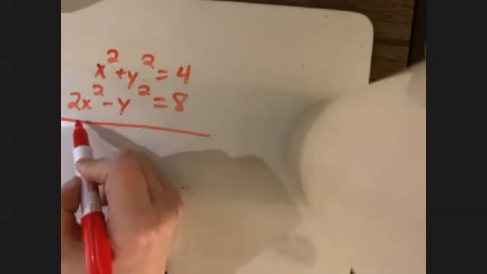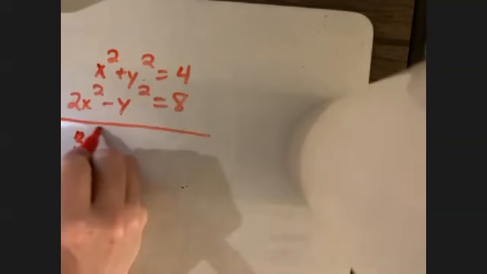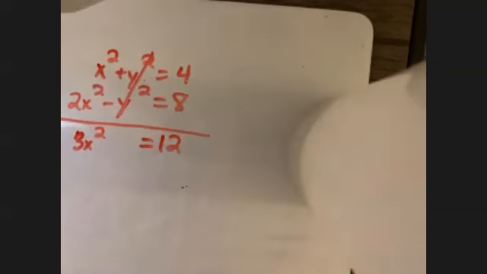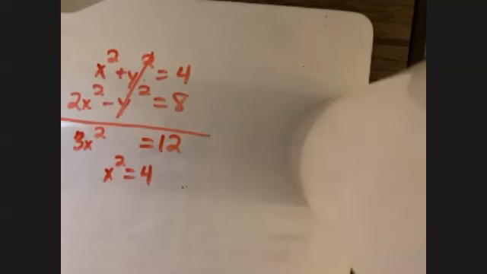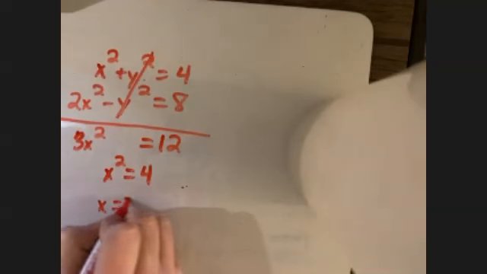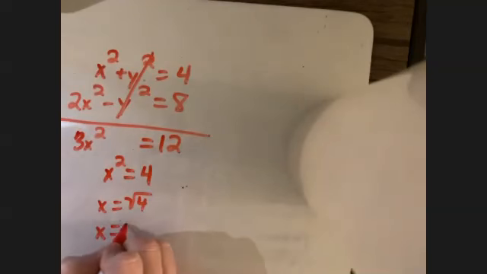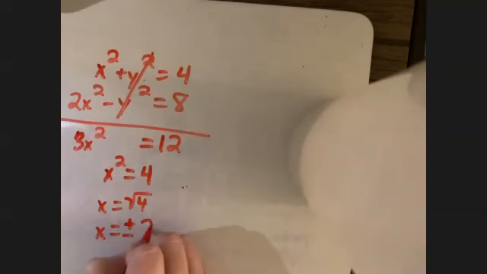So now I have x squared and 2x squared, so it's going to be 3x squared. Those y squared terms are going to cancel off. That leaves me 12. Solving, I'll divide by 3. So I've got x squared equals 4. Square root on both sides. Again, we brought in the square root, so we're going to bring in plus and minus.